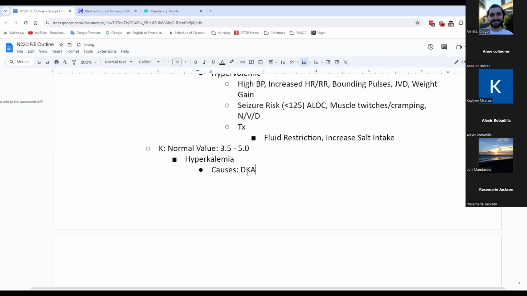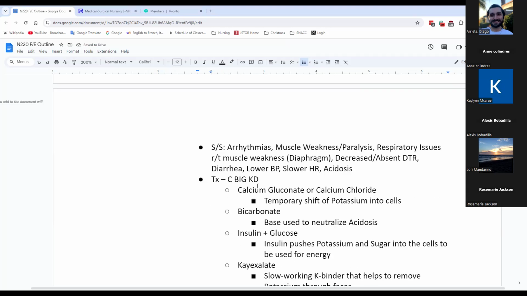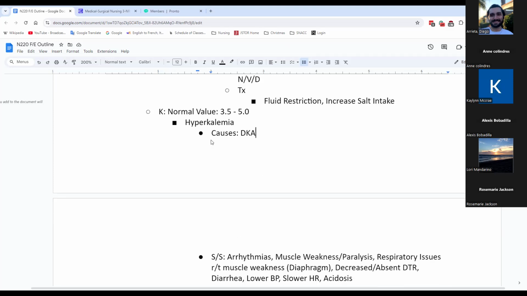And you'll notice that DKA goes along with what we talked about, how insulin is one of the potential treatments. When your body is not able to respond to insulin, your body's also not able to put some of that potassium in the cells. So if you don't have successful management of your insulin, you're also not going to have good management of your potassium into the cells. That can help you align both of them with each other. Maybe it helps you remember it better.